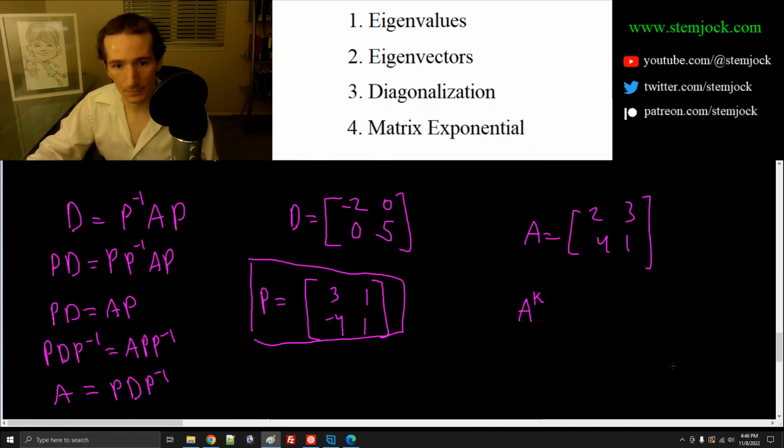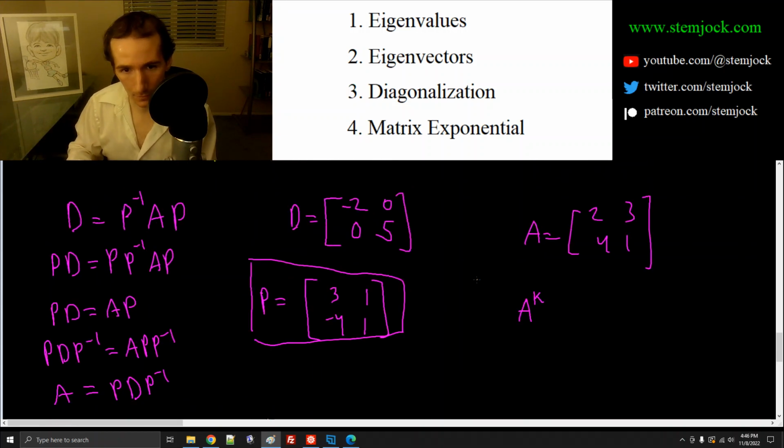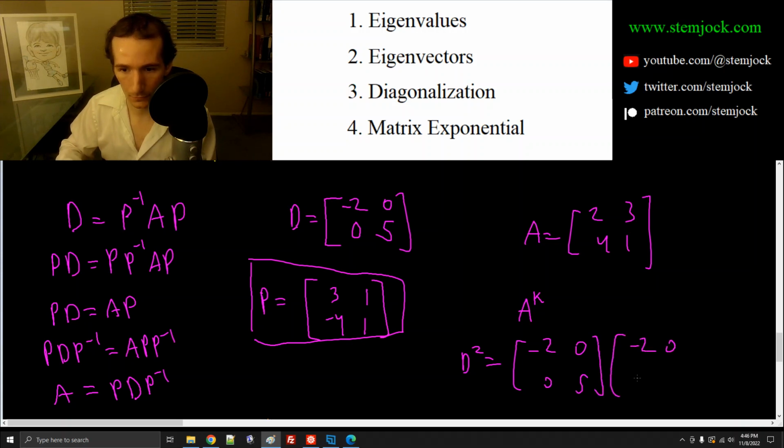And because D has non-zero numbers only on its main diagonal, finding out what D squared is, what D cubed is, is actually very easy. So, for example, if I just calculate D squared, negative 2, 0, 0, 5 times negative 2, 0, 0, 5.